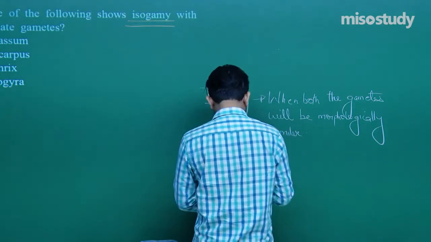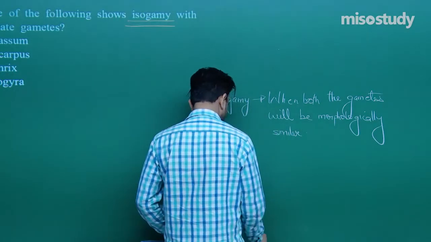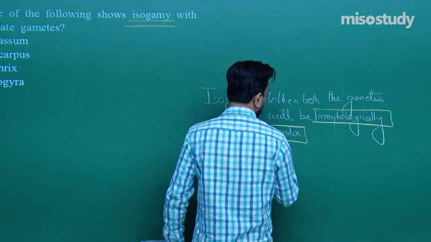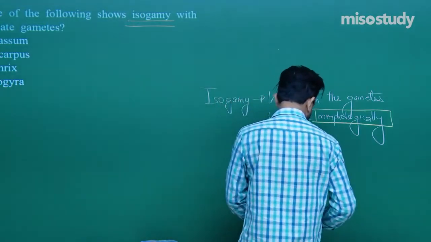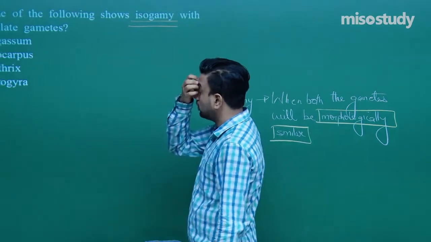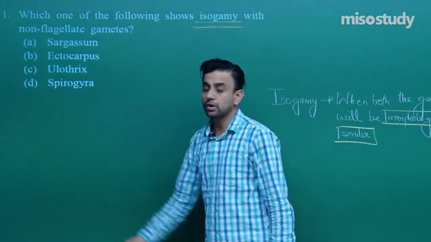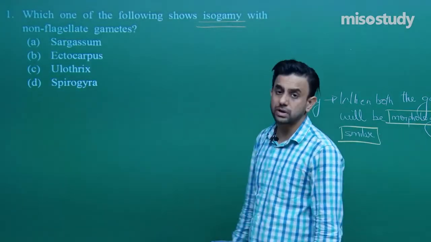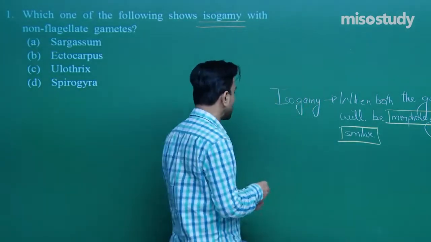So what is the condition? Spirogyra is an organism which shows isogamy.